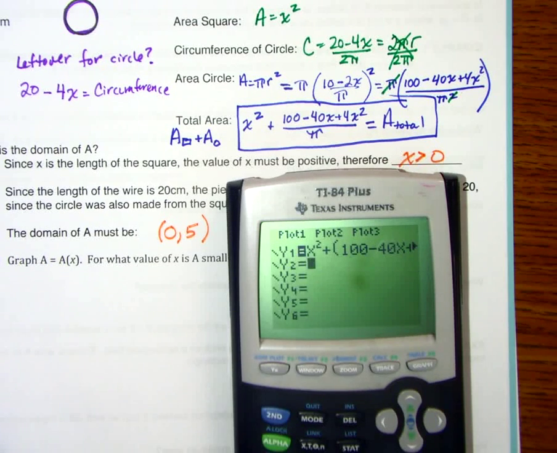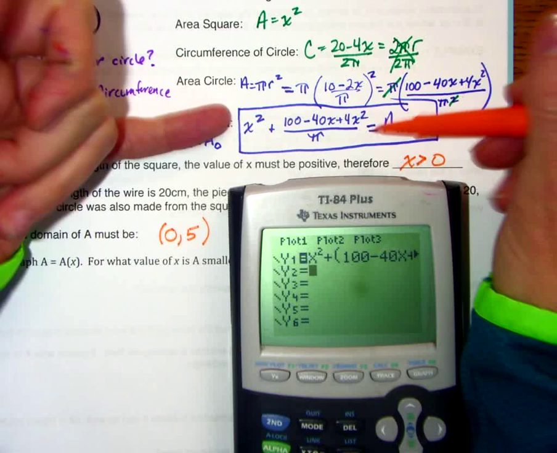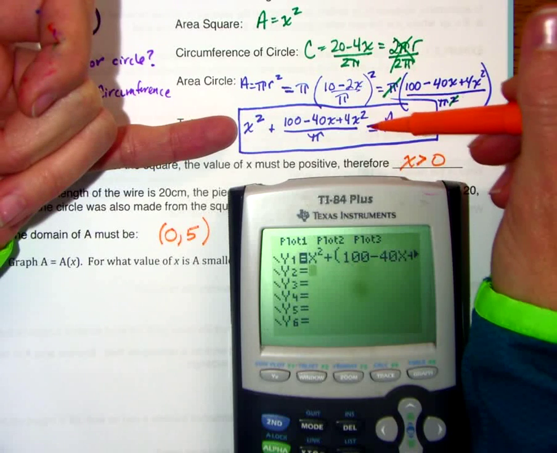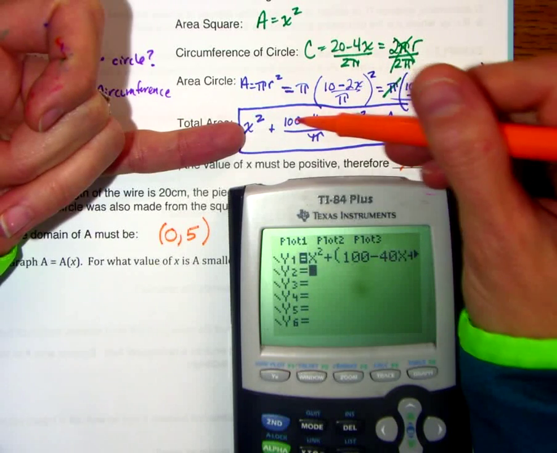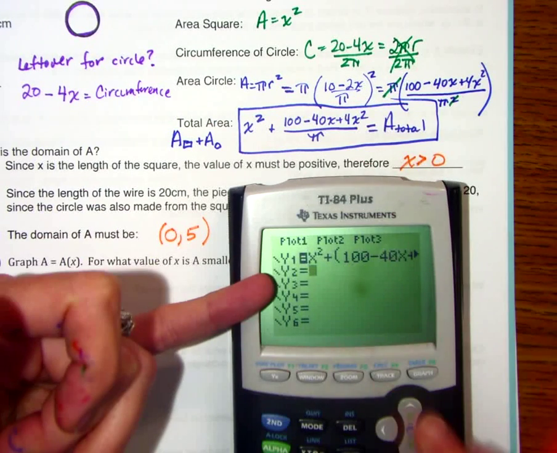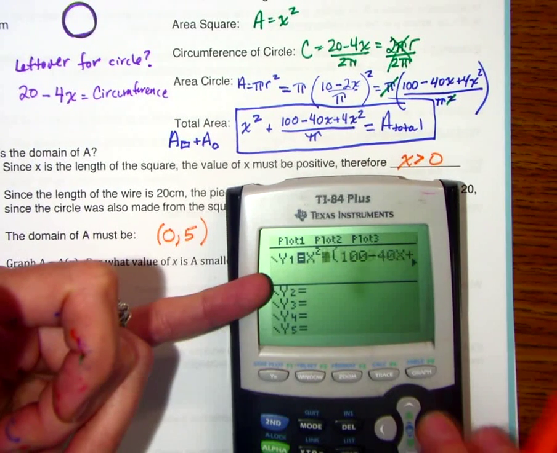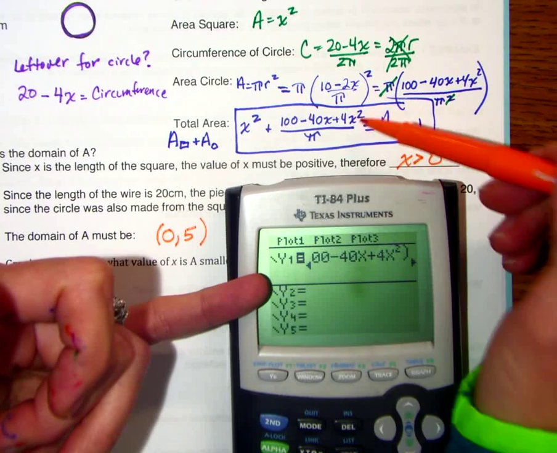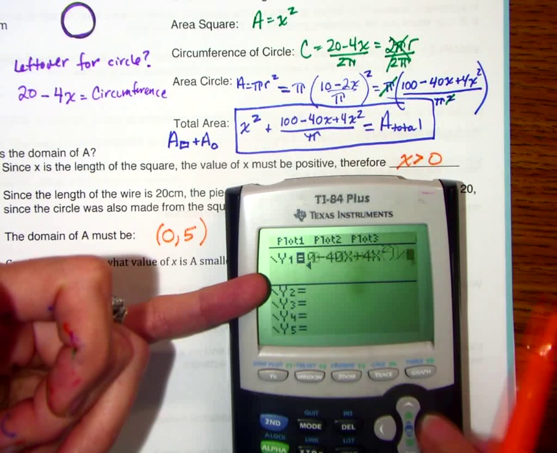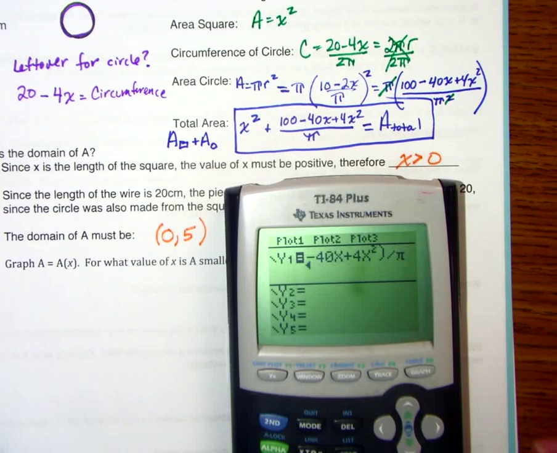Hopefully you put that in right. You have to put the whole area. So I put parentheses on the top, just of the 100. So I have x squared by itself, and then 100 minus 40x plus 4x squared, that's the whole top, in parentheses divided by pi. Everybody good?